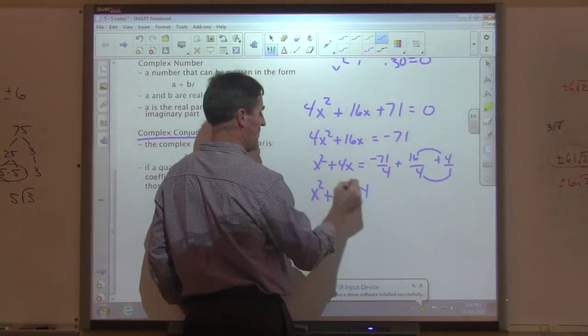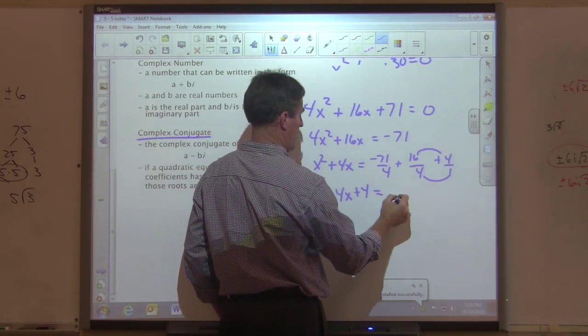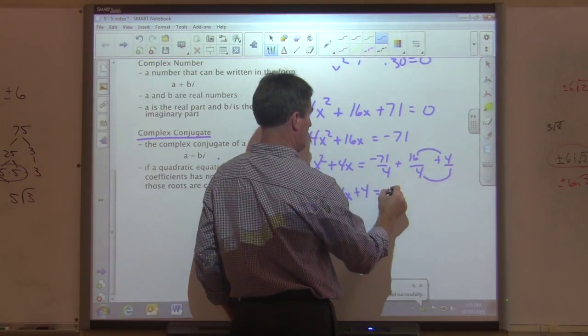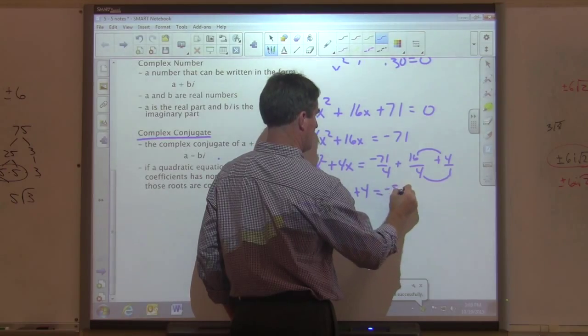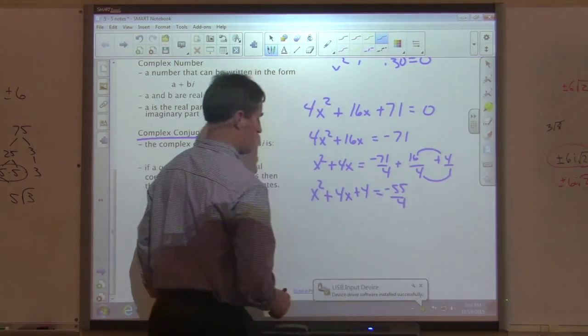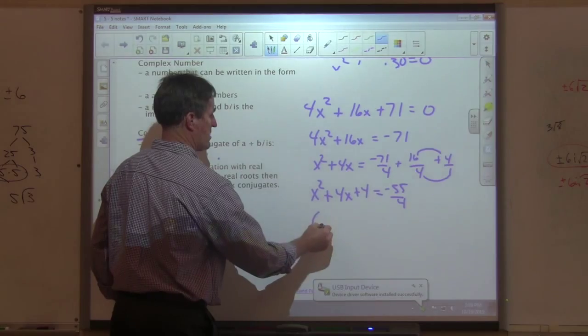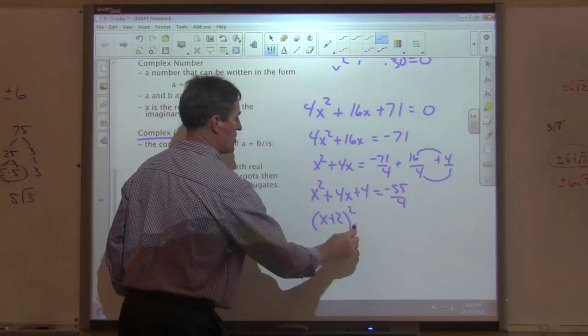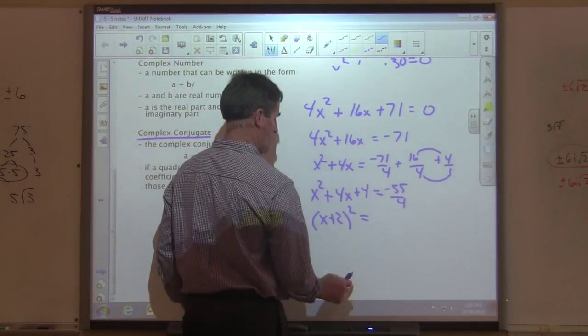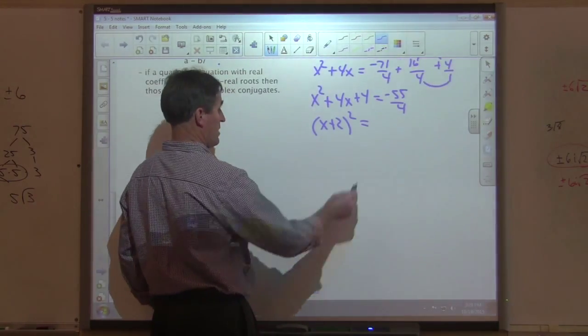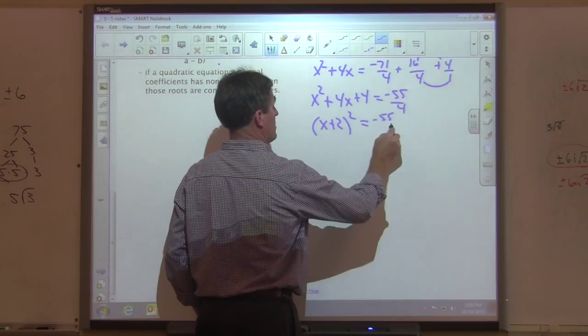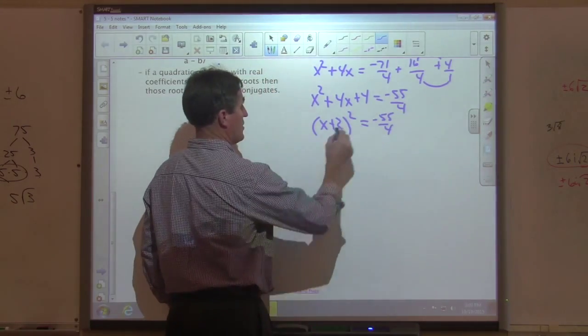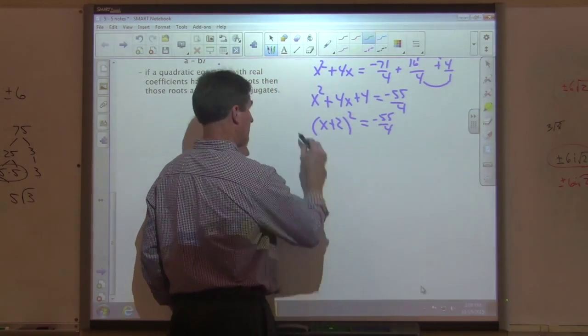And so we get negative 55 fourths. So this becomes x plus 2 squared equals negative 55 fourths. Take the square root of both sides.